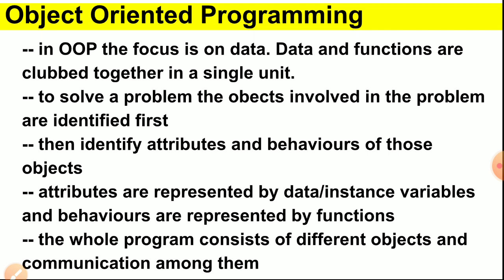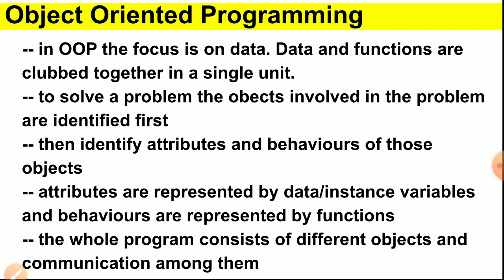These are some of the objects involved in the banking application. Once you have identified the objects, the next thing you need to do is identify the attributes of those objects, as well as the behaviors.